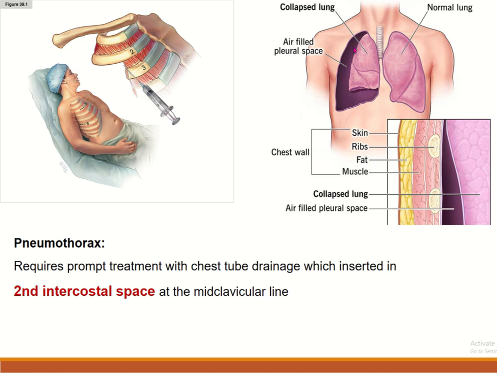And this is the collapsed lung. In chest X-ray, the collapsed lung shadow, the collapsed line shadow, and the air containing area are also seen. This air containing area looks more black than the other part of the chest X-ray.